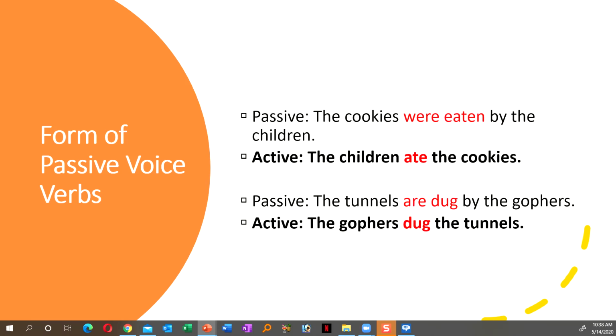So some more here. The forms of passive verbs: the cookies were eaten by the children. Now if you want to make this active, you change the subject and the object places, and the children becomes the subject: they ate the cookies, right? And another example, passive: the tunnels are dug by the gophers, and you want to make this into active: the gophers dug the tunnel.